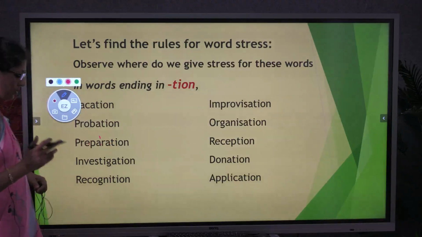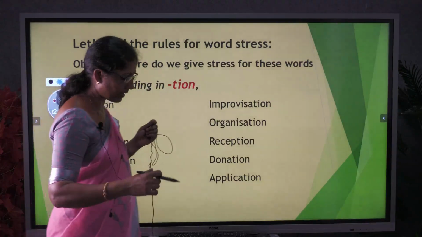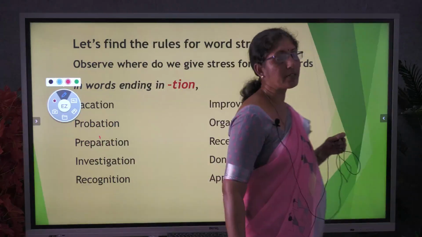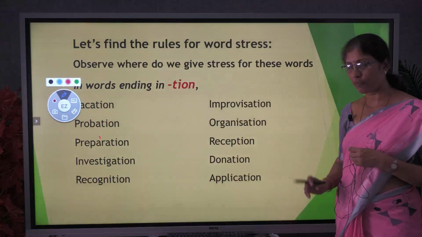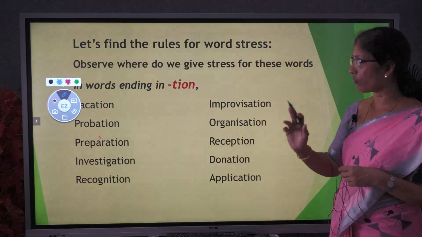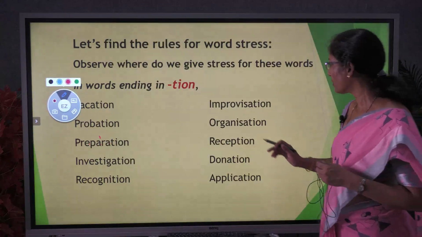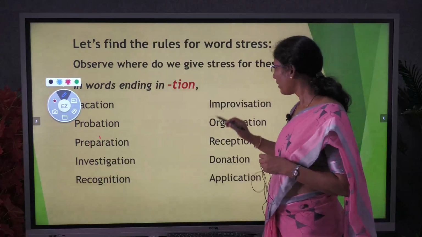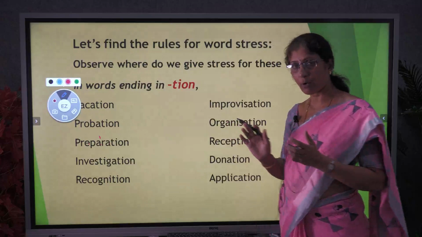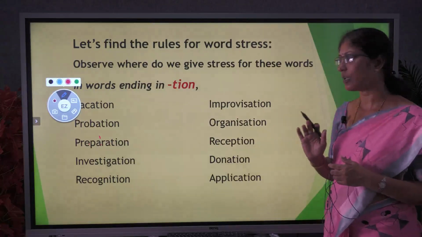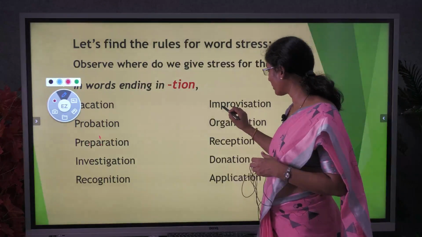Preparation. So now we can form a rule that when the suffix shun is added to a word, the stress falls on the syllable before the suffix. Let us take this one. First divide the word into syllables and then give stress; then it will be easy for us to pronounce.